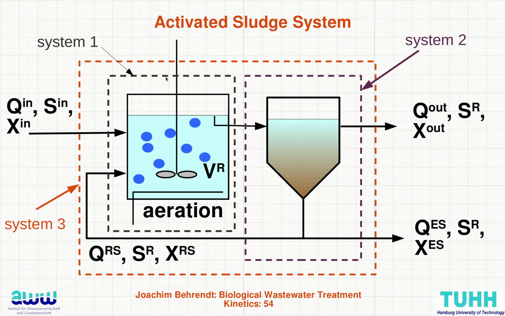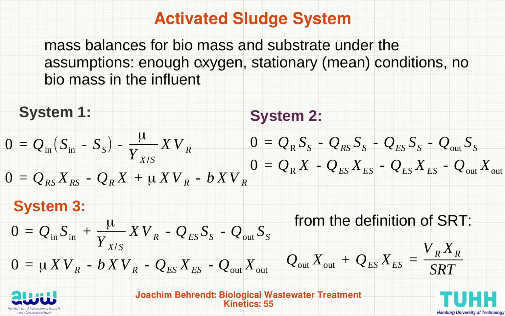Also we can make balances for our system 1, which we are putting around the reactor. We can make mass balances around system 2, which is only reflecting the clarifier. This has the advantage that no reaction takes place, and we can make a system overall. And then we will see what comes out.